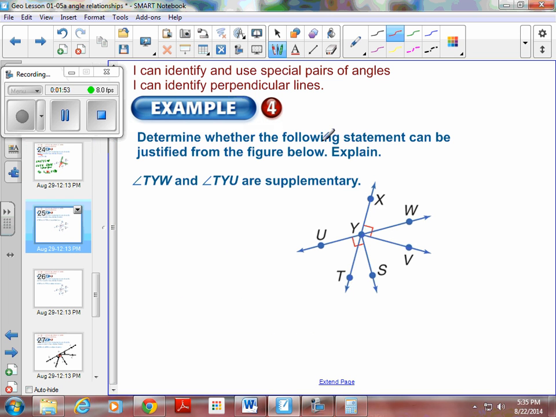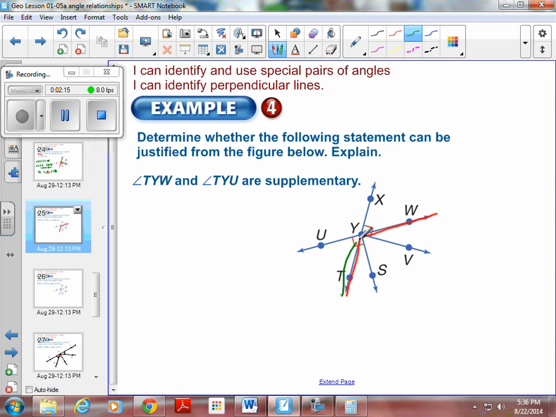Okay, determine whether the following statement can be justified from the figure below. TYW, from T up to Y, out to W, and TYU. Let's grab a different color.